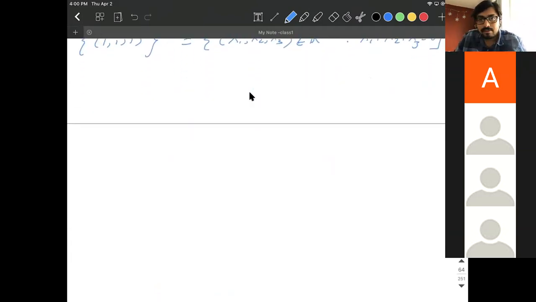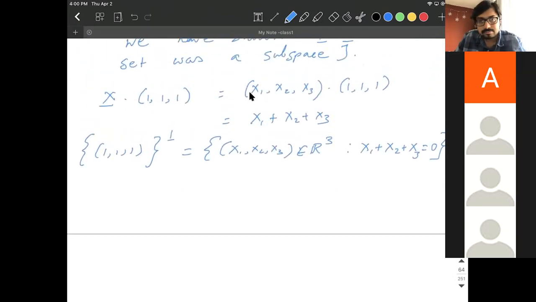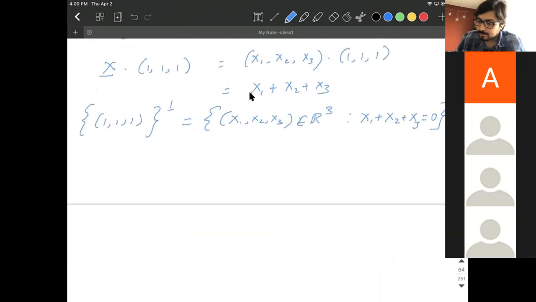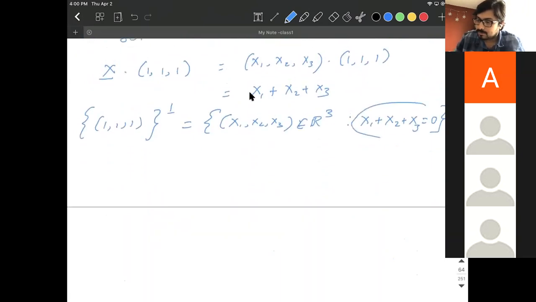How many of you have been able to figure out this part about translating this subspace into something known like this? Oh, okay, it was the dot product. Okay, exactly.